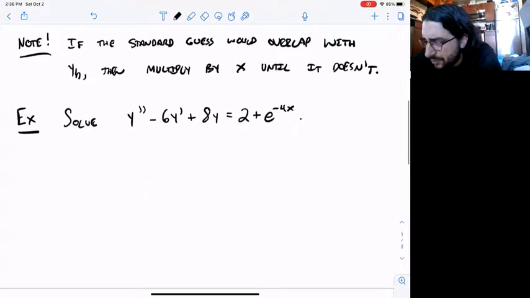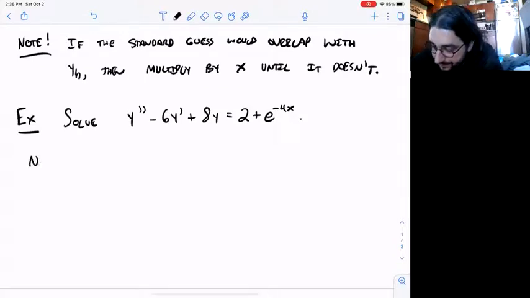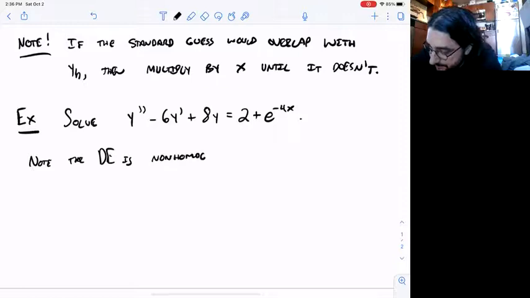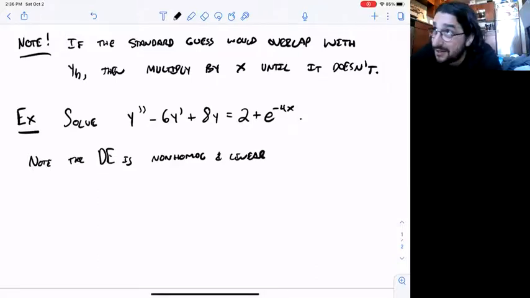So what would we do here by the method from the last video? Well, we note that the DE is non-homogeneous, but it's linear. In some sense, non-homogeneous isn't even defined if it's non-linear, but it's linear and it's non-homogeneous.